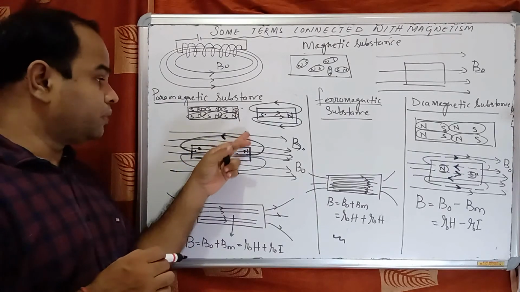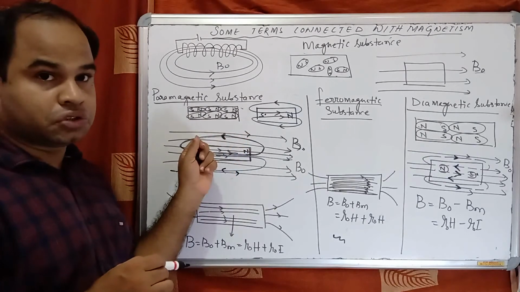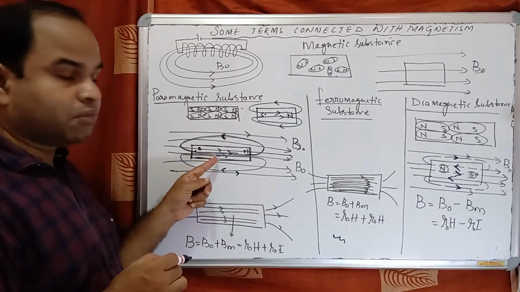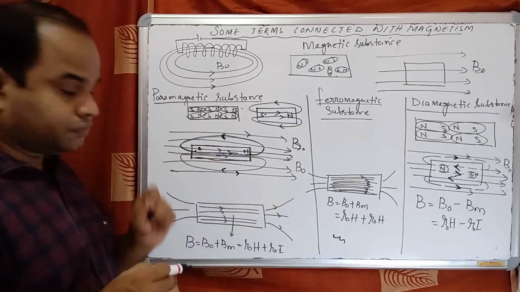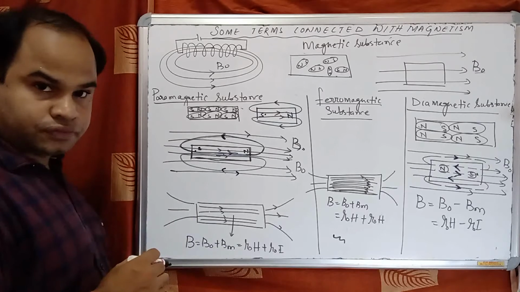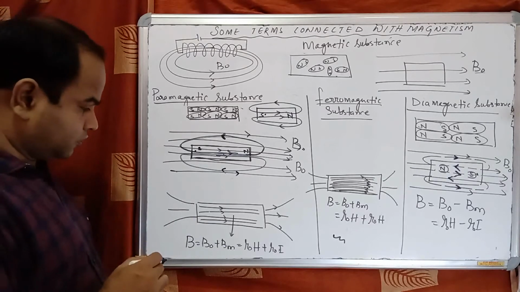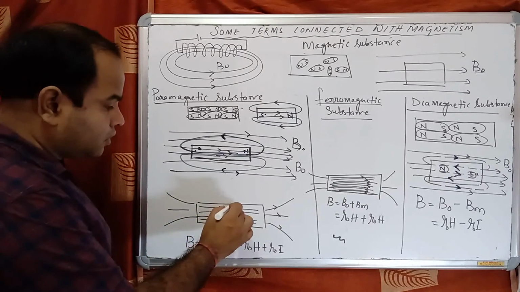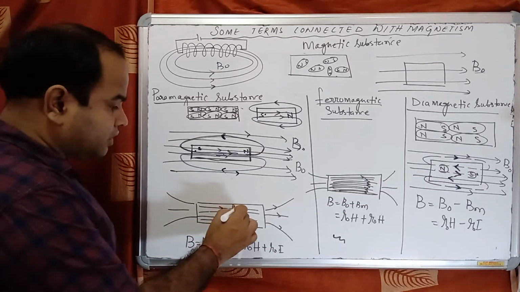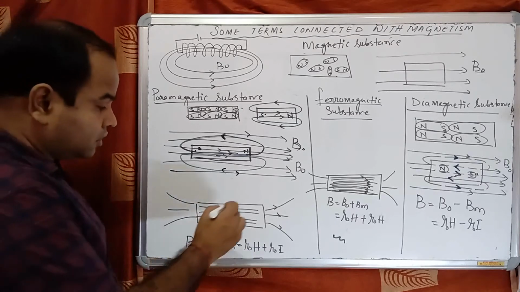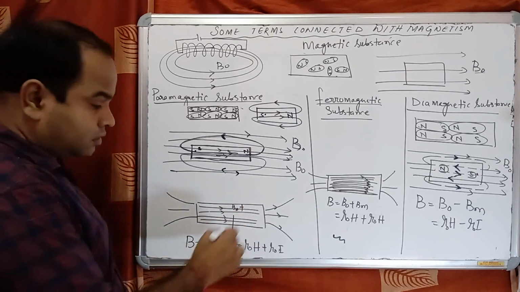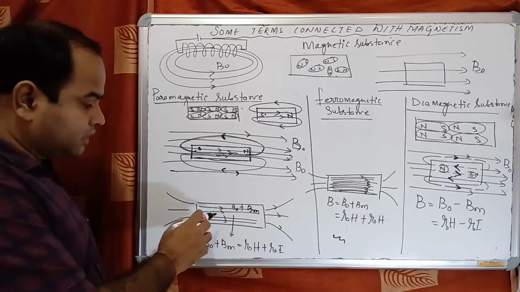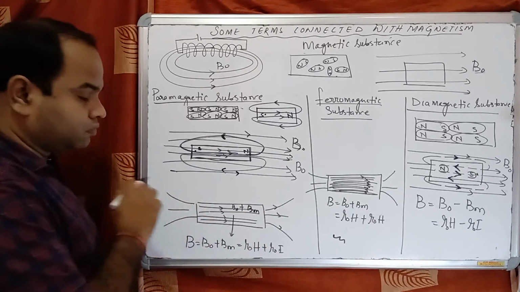Since the two magnetic fields are in opposite directions, outside the number of field lines will decrease, and inside the number of field lines will increase, in this manner. Inside the number of field lines will increase because inside we have the external magnetic field's field lines plus the induced magnetic field's field lines. So more inside, less outside.